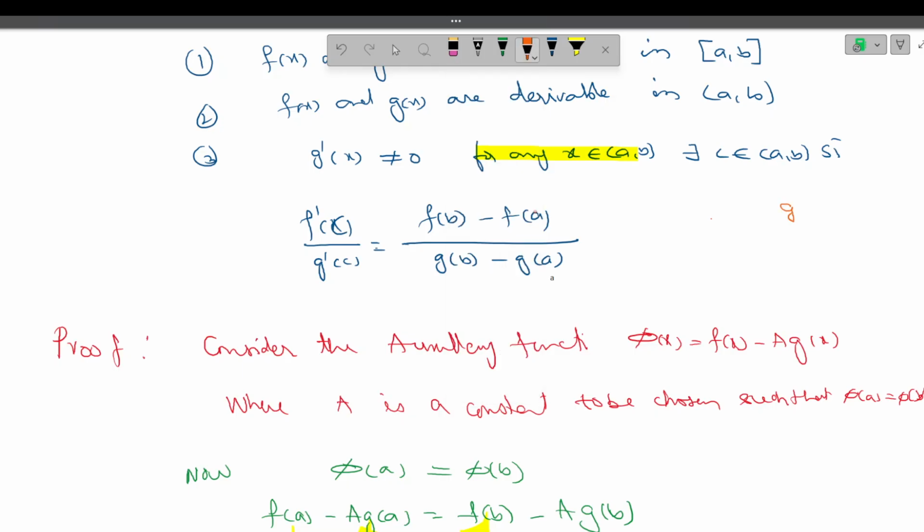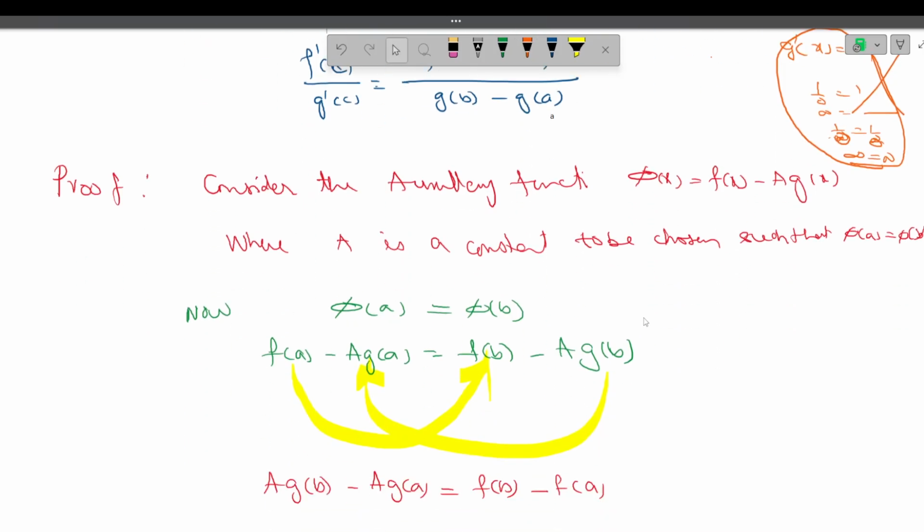Suppose g dash x equal to 0 for some x. Then 1 by 0 is undefined, and if it is infinity, infinity equal to infinity leads to a wrong result. Therefore g dash x is not equal to 0 for any value, otherwise the theorem will collapse.